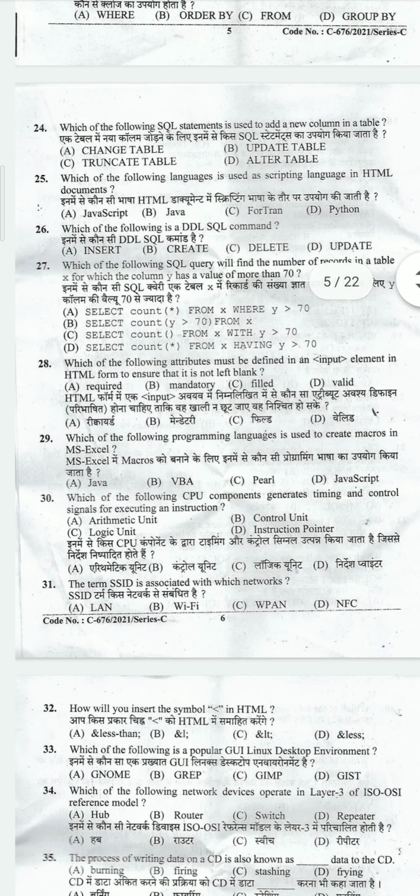Question 28. Which of the following attributes must be defined in an input element in HTML form to ensure that it is not left blank? The answer to this question is option A, required. Question 29. Which of the following programming languages is used to create macros in MS Excel? The answer to this question is option B, VBA.